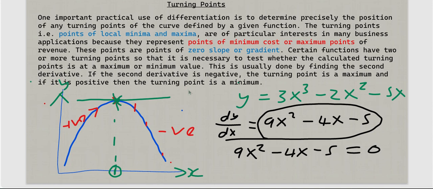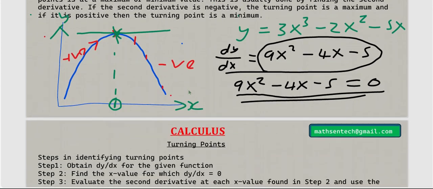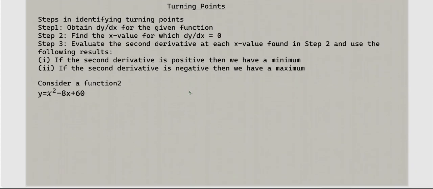Now you're supposed to solve this equation to get the value of x. When you solve this equation, you'll get the value of x where the gradient is 0. Now, having said that, let me give another example.